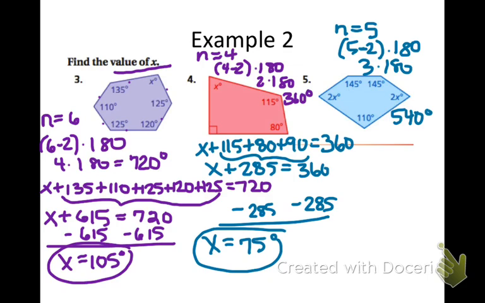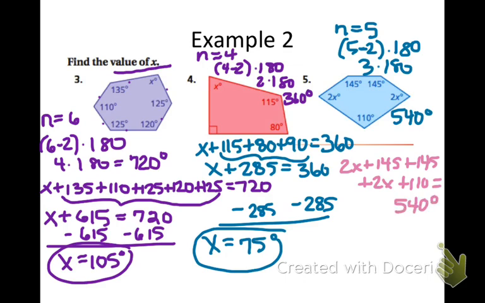So in this example, we have 2x plus 145 plus 145 plus 2x plus 110 will all equal 540 degrees.